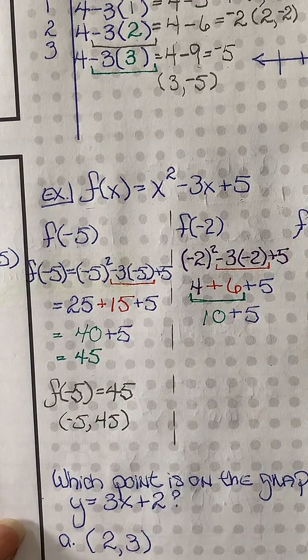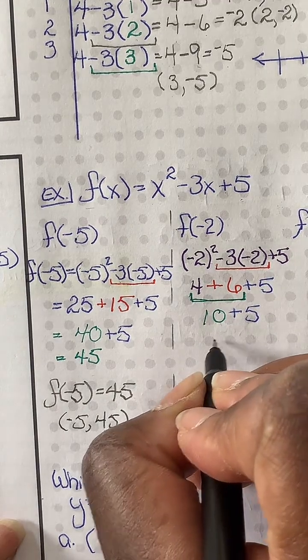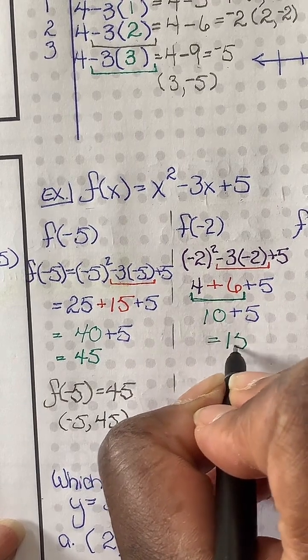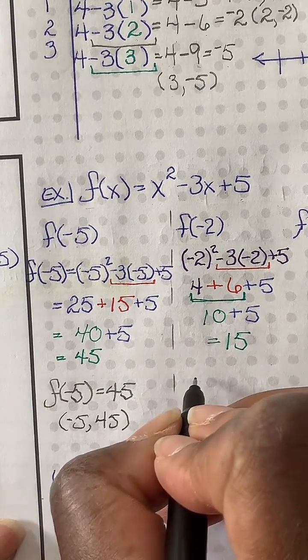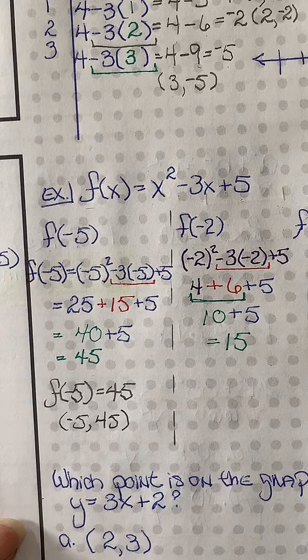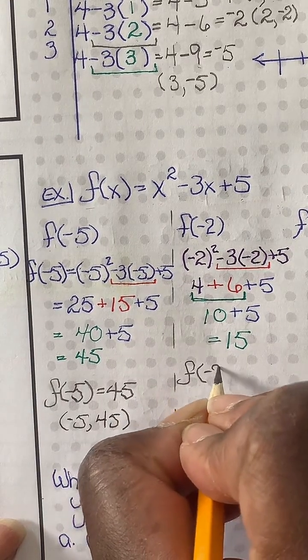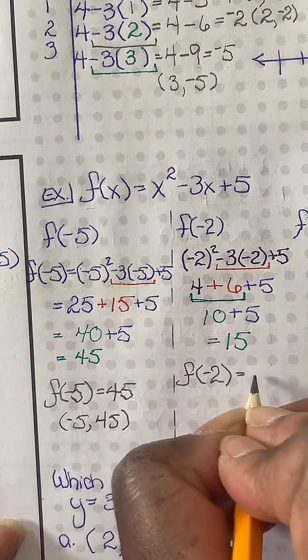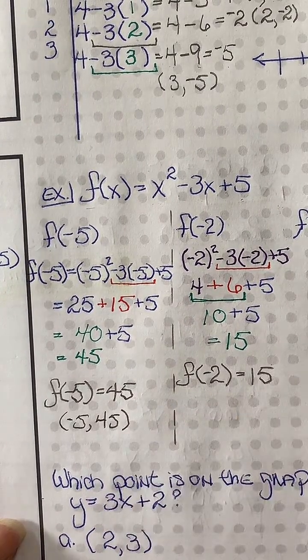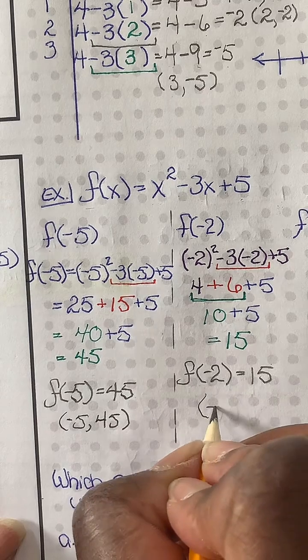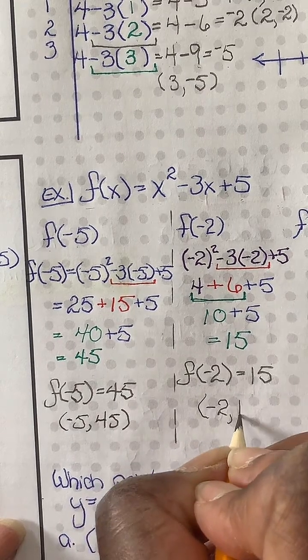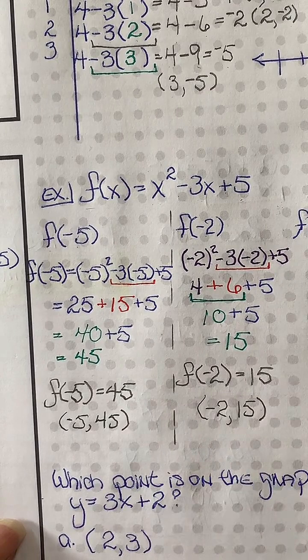And then your 10 plus 5, that gives me 15. So you found the f of -2 is equal to 15. So the ordered pair that you just found was -2, 15.